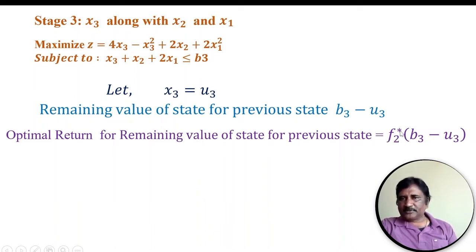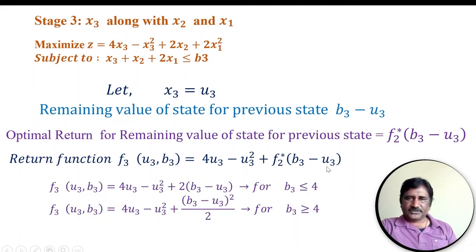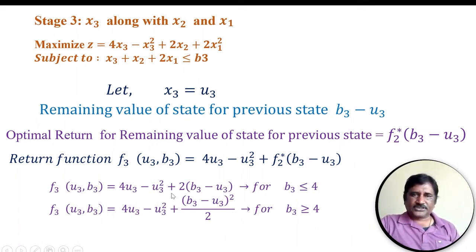So the optimal return for the remaining value of state, that is b3 minus u3, is written as 2 into b3 minus u3, and as x3 is u3, I simply have to put here 4 u3 minus u3 square plus f2 of b3 minus u3. That is, 4 u3 minus u3 square plus twice of b3 minus u3.